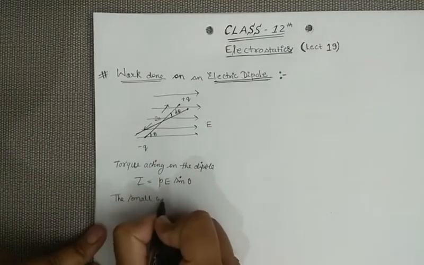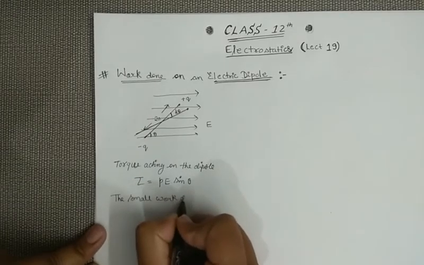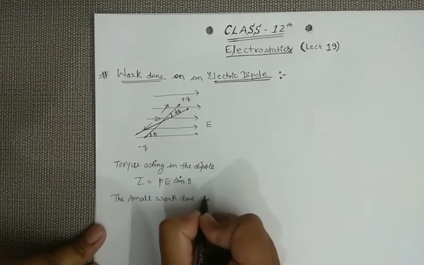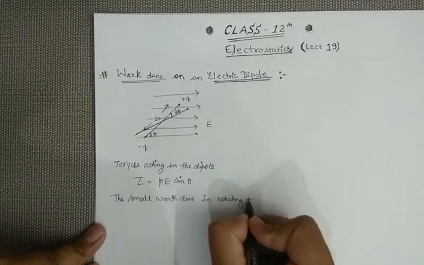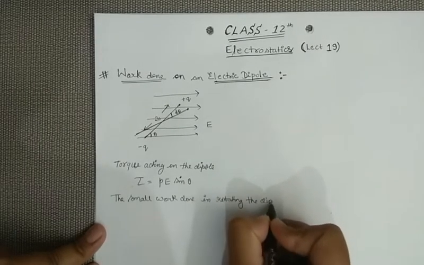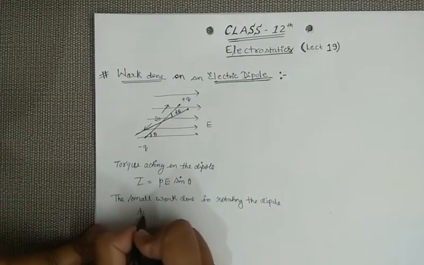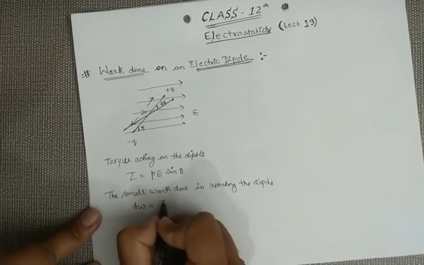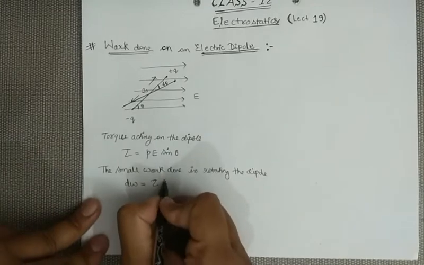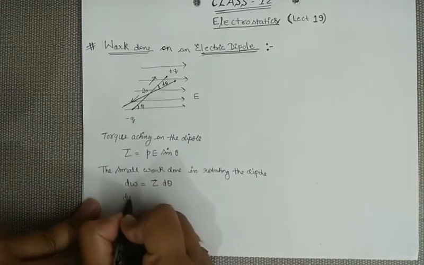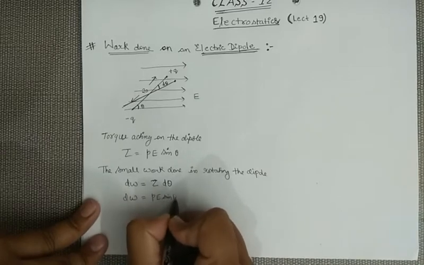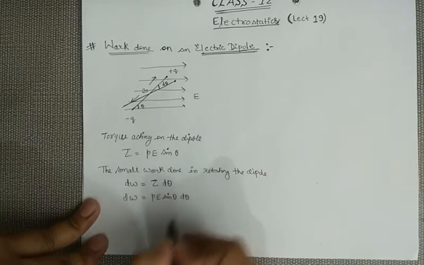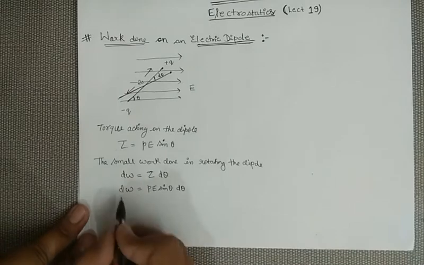So the small work done in rotating the dipole, that is dW, equals tau times d theta. Substituting the value of torque, that is pE sine theta d theta. So this is a small work done.